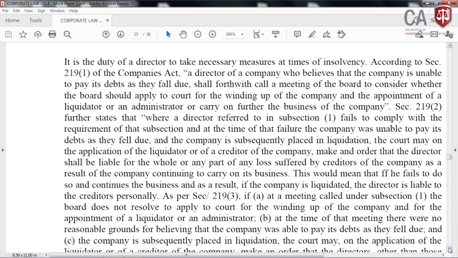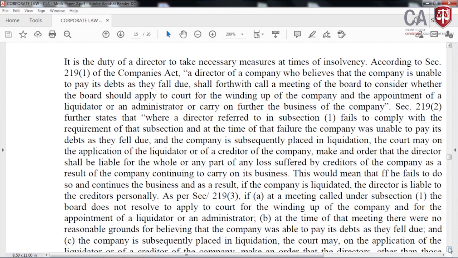Section 219(2) further states that where a director referred to in subsection 1 fails to comply with the requirement of that subsection, and at the time of that failure the company was unable to pay its debts as they fell due, and the company is subsequently placed in liquidation, the court may, on the application of the liquidator or a creditor of the company, make an order that the director shall be liable for the whole or part of any loss suffered by the creditors of the company as a result of the company continuing to carry on its business.